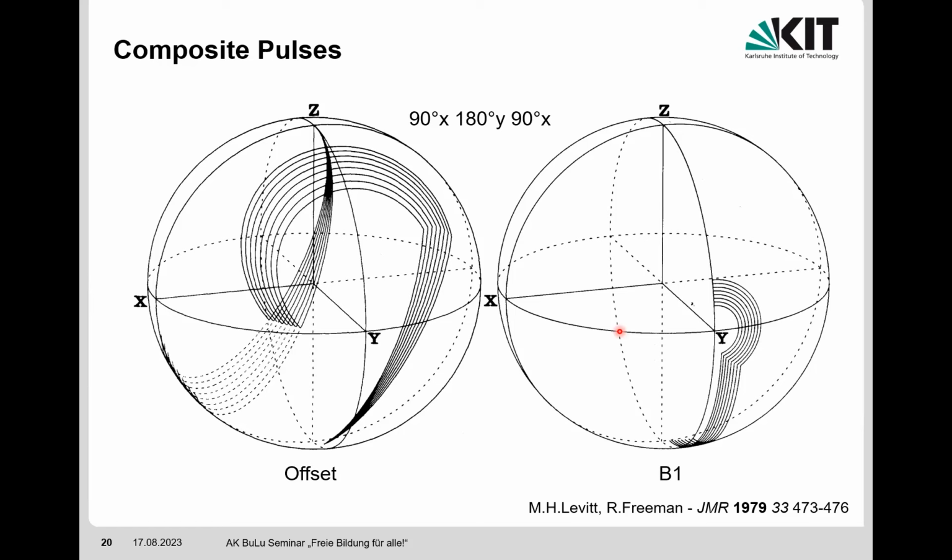And the NMR tube does not feel everywhere the same B1 field. In the center, it's different from somewhere at the edges of your sample. So something in the center, instead of a 90 degree pulse, might experience 110.